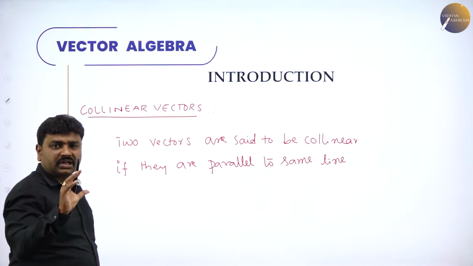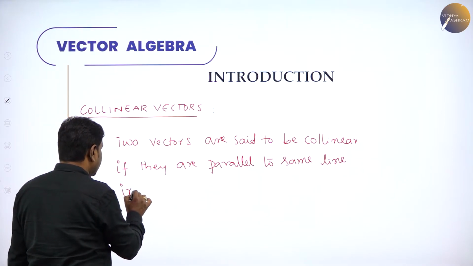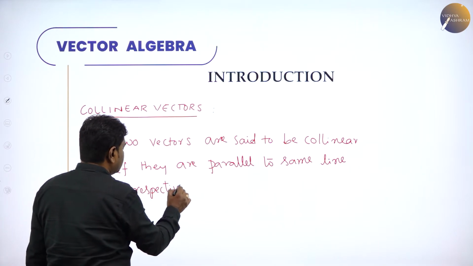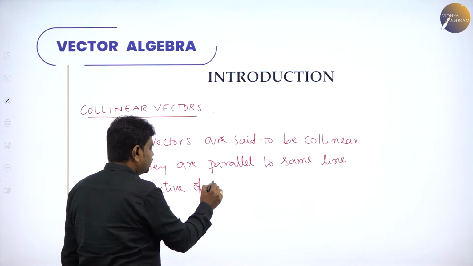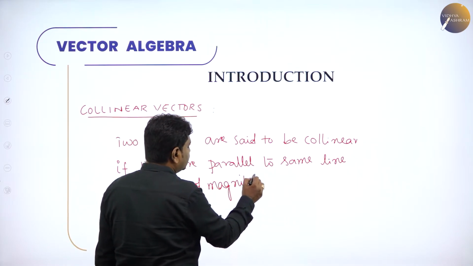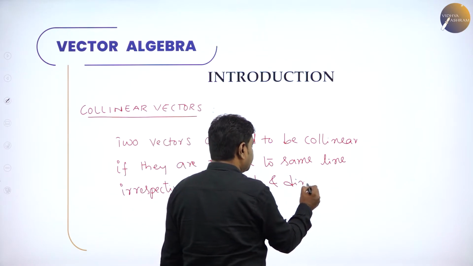We are not bothered about its length and direction. Very important: irrespective of magnitude and direction. Understanding collinear vectors is important.